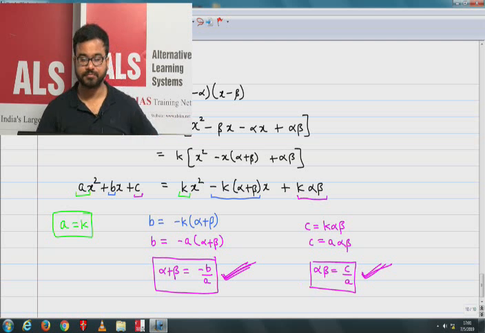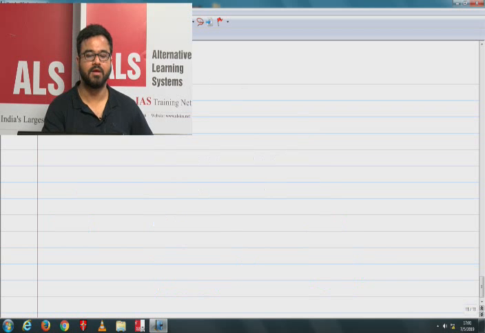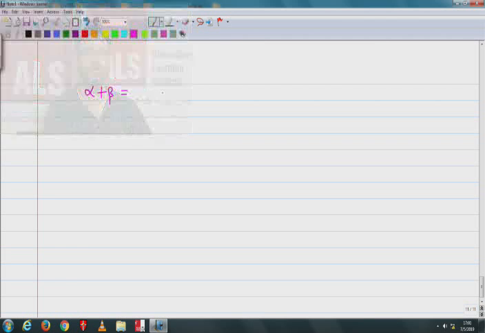Next thing, now it will not always be b upon a. Here in the question, b was the coefficient of x, a was the leading coefficient, and c was the constant term. So in general, you can also write this thing in place of b and a. Alpha plus beta was minus b by a.